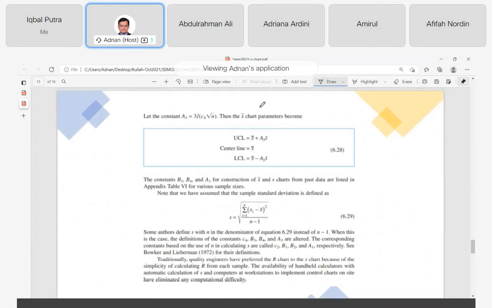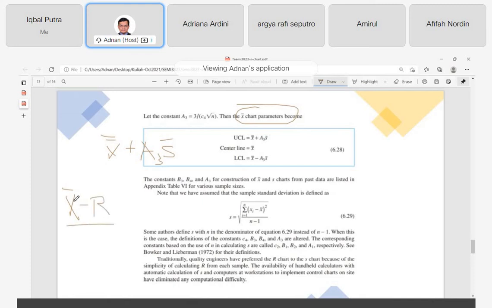So for the X bar chart to be used together with S chart, we are using this formula, A3 S bar. Remember this is not R bar, it is S bar. So it's going to be X double bar for upper control limit plus A3 S bar. Previously in X bar chart, with X bar and R, what we used was X bar plus A2 R bar.